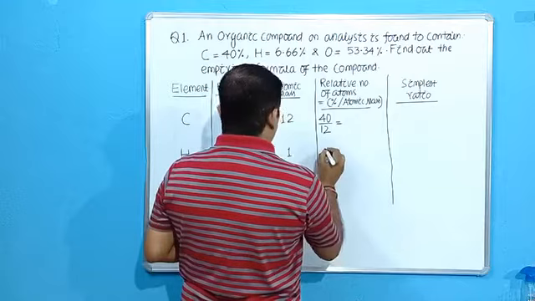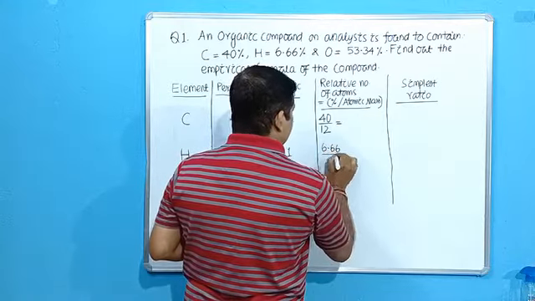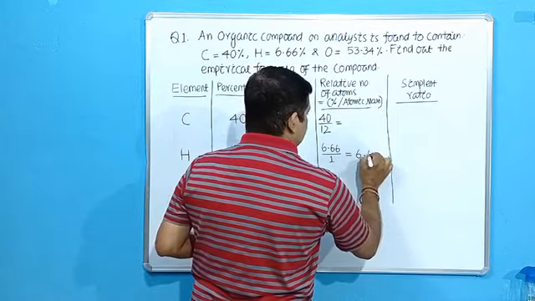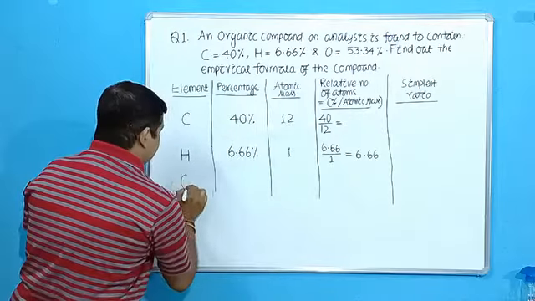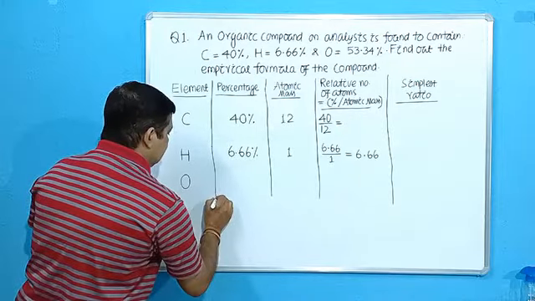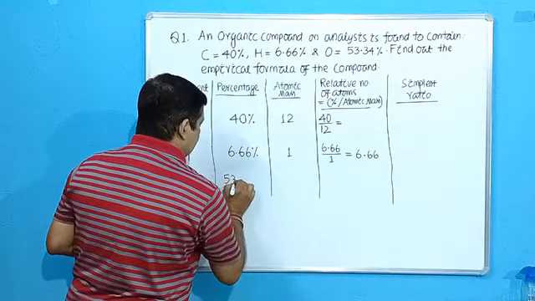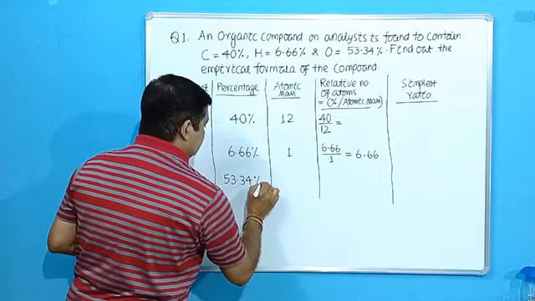So what will be the relative number of atoms? Now percentage, that is 6.66 by 1. It will be 6.66. Okay. Then oxygen. Next element is oxygen. What is the percentage given? 53.34%.